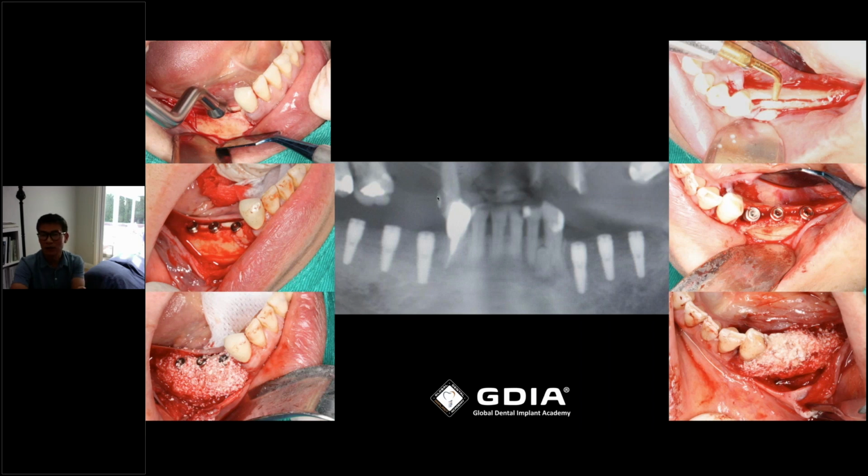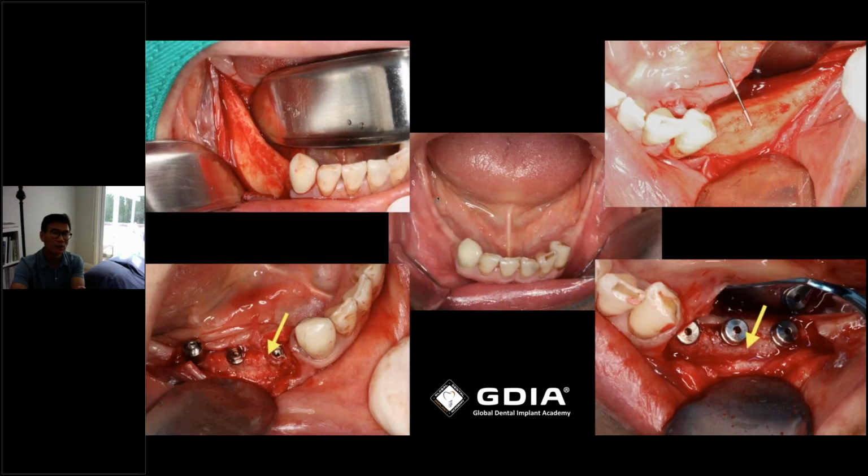On the left side, same thing, split the same way with piezo cutting, so less trauma for the bone. That's the pre-op ridge, and after the split, put the implant in, and you can grow the bone, typically from 3 to 4 millimeters to about 6 millimeters. When you look at the left side, there is enough, 2 millimeters of bone volume.